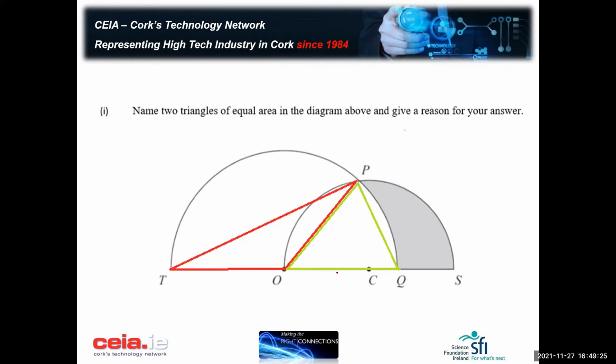Okay, so their bases are the same, and the perpendicular height from the base is the same in both cases as well. See how the perpendicular height of the red triangle is this line here. Okay, and the line that I've just drawn is also the perpendicular height from the base of the green triangle. Okay, it's the same in both cases. So both these triangles have the same area.